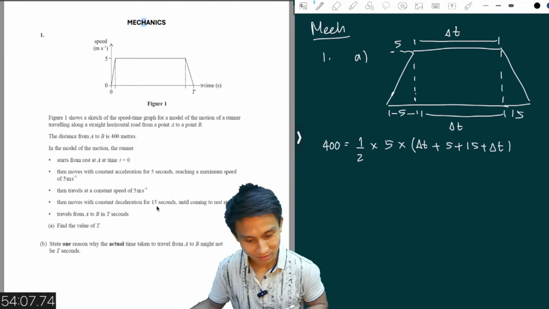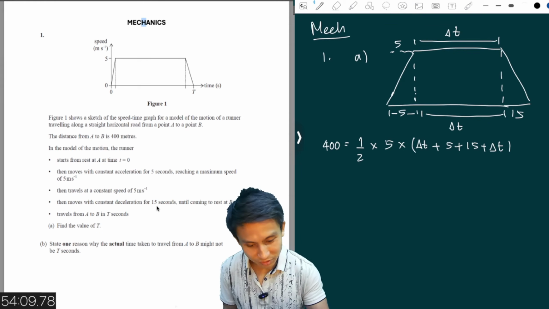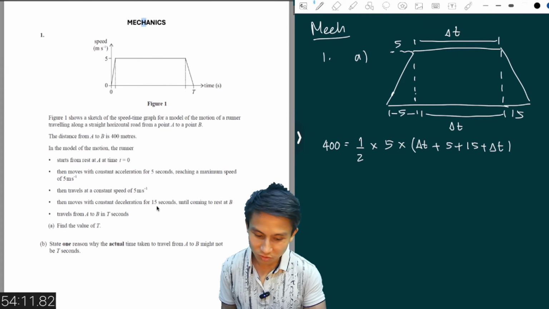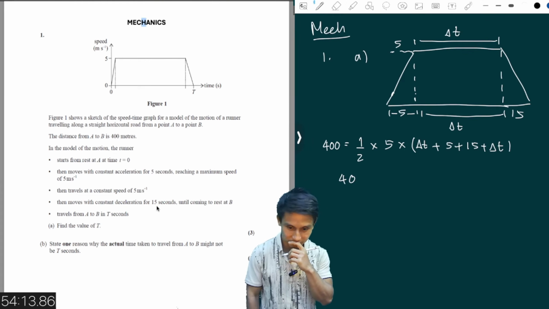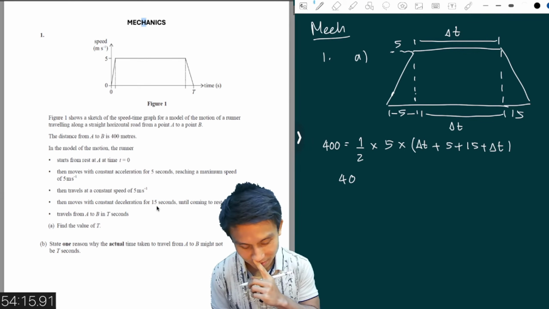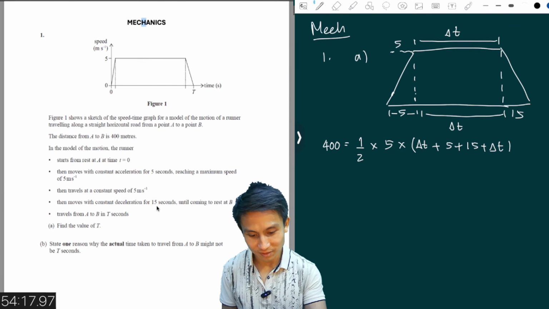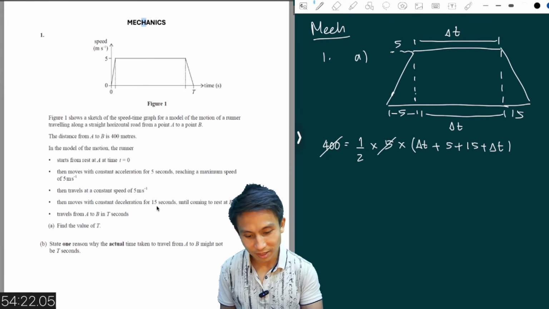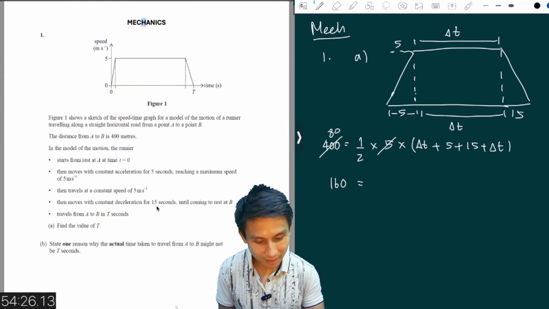Don't know why it took that long to think this. So if you solve this, you should get 40 on the left side, because that's basically 800 divided by, no, that's not 40. I've got to be careful here. So 5, cancel that, is 80, and this is 160. And that would be equal to 2 delta t plus 20.